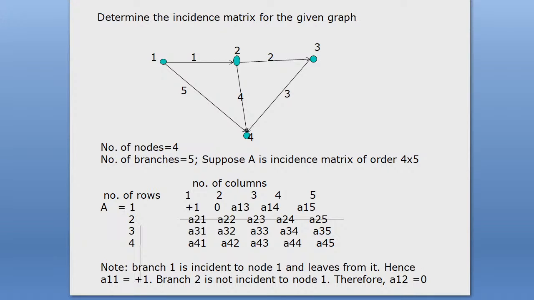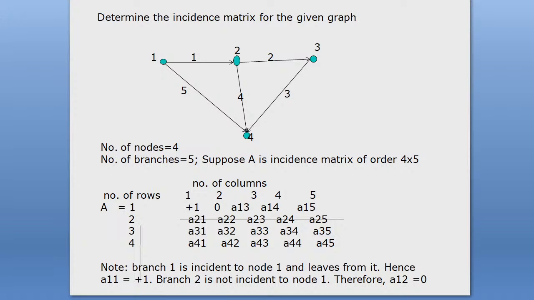Now everyone see the value of A11 is equal to plus 1 and the value of A12 is equal to 0. But why have we chosen these values? Because branch 1 is incident to node 1. Incident means connected.